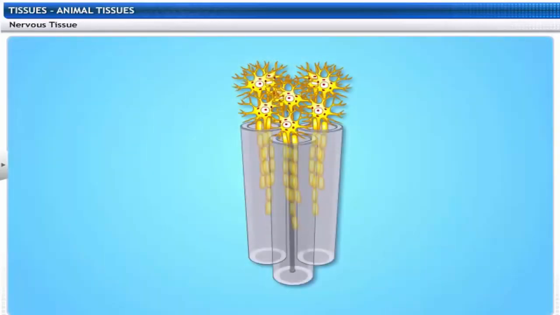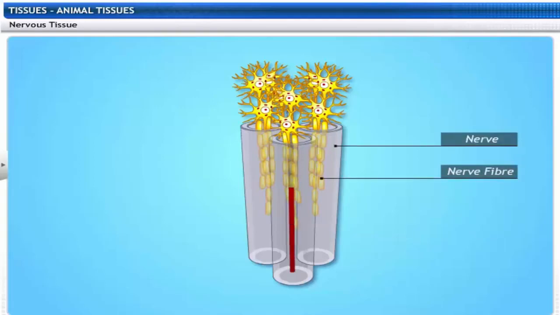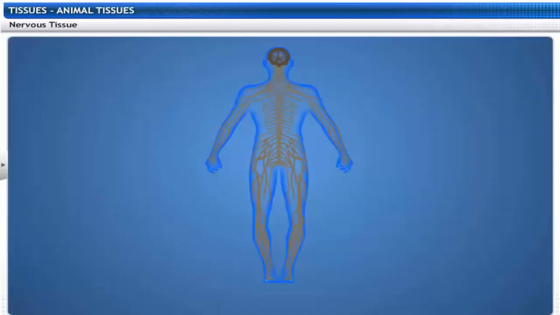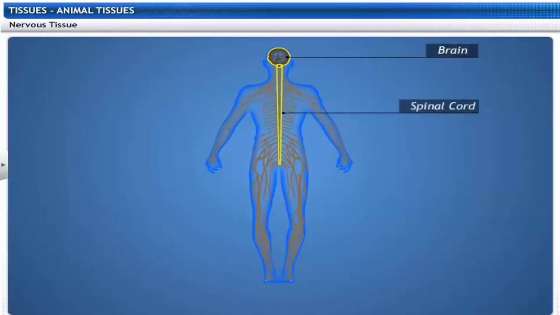Neurons join end to end to form nerve fibers. These nerves are richly supplied with blood. Nervous tissues are found in the brain, spinal cord, and nerves.